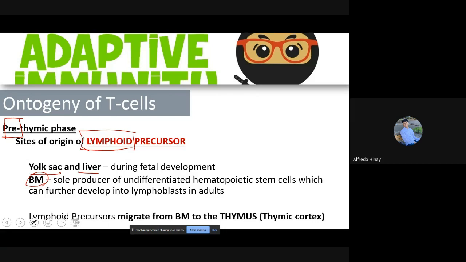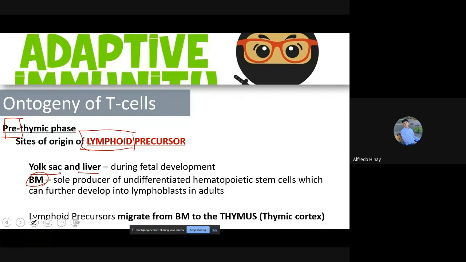The lymphoid precursors migrate from the bone marrow to the thymus, or thymic cortex. The lymphocytes in the bone marrow are not yet sure whether they will become T cells or B cells. The T cells are like students who want to go to Thymus University. They do not want to study in the bone marrow.